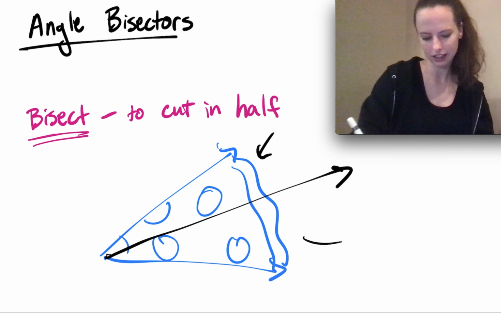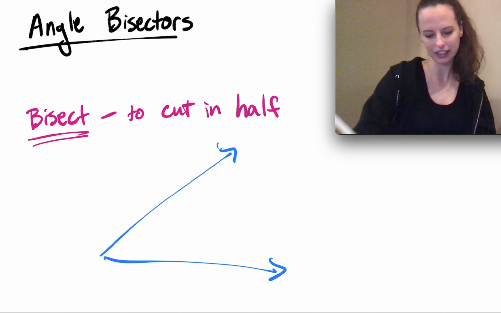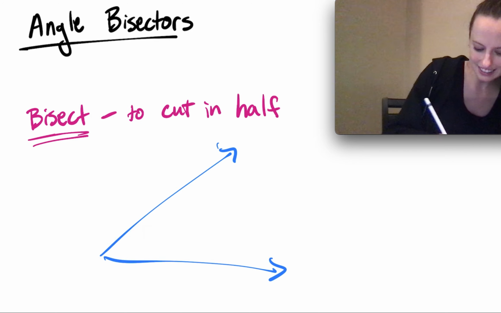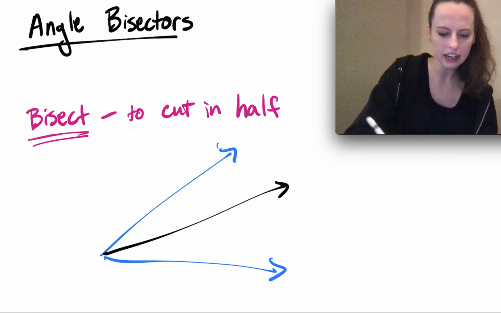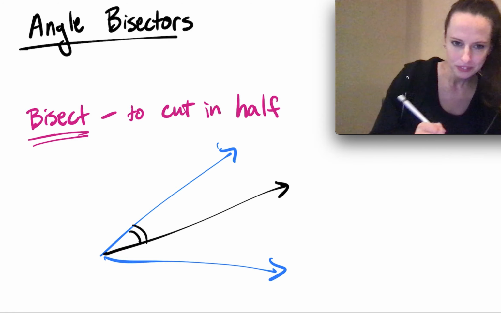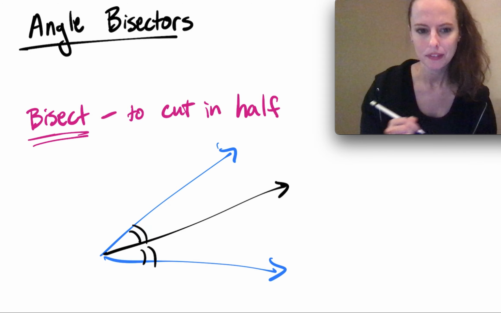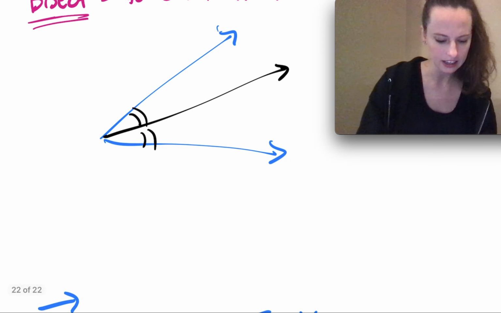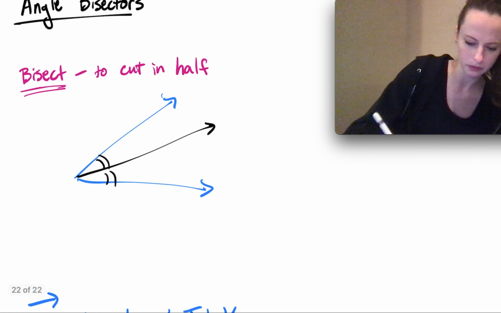So if you think a little bit about an angle, then let's take away the pepperonis and we bisect this angle. We are creating two smaller angles, one right here and one right here. So in this diagram, let's throw some letters onto it.